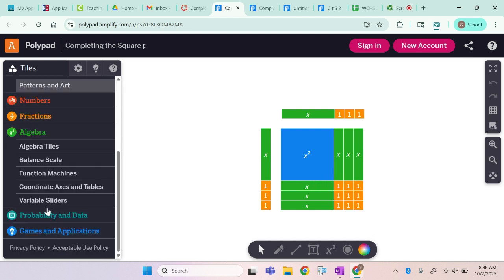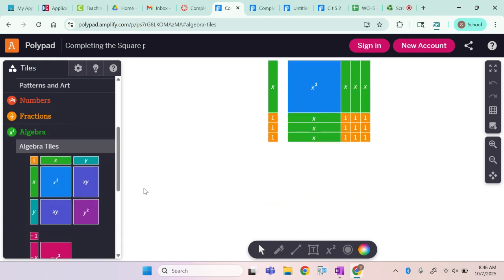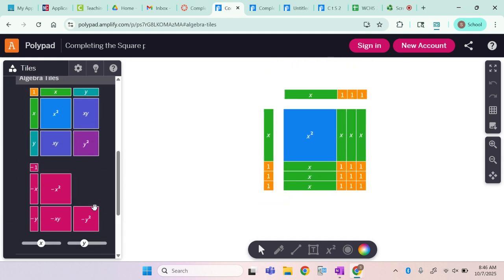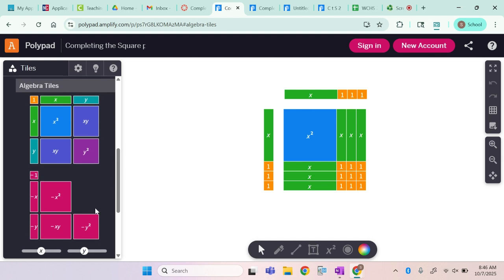So what you're going to hit is that you'll go to algebra, hit algebra tiles, and there's all your algebra tiles. Now, if it's negative, use the red. Okay, just so you know that something negative is negative. All right, so use the red if it's negative. If it's positive, use the other colors.